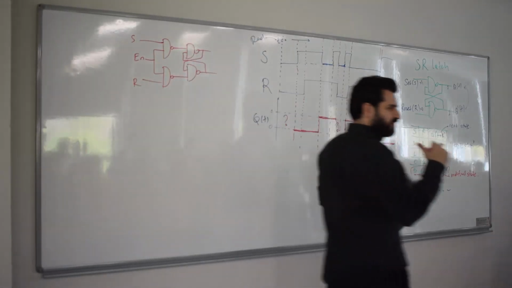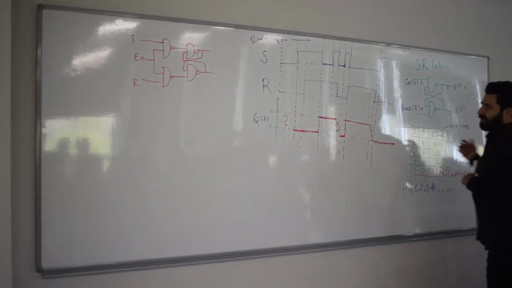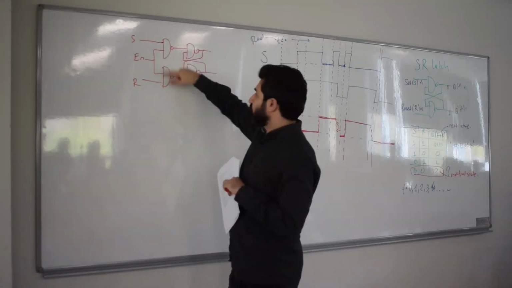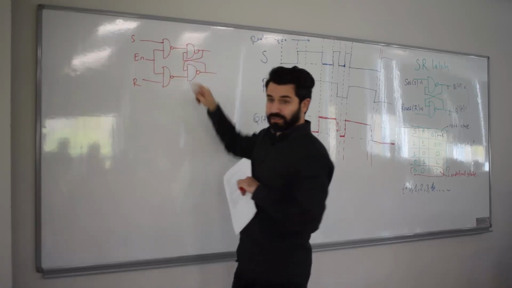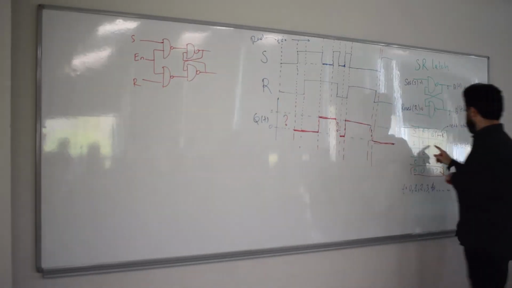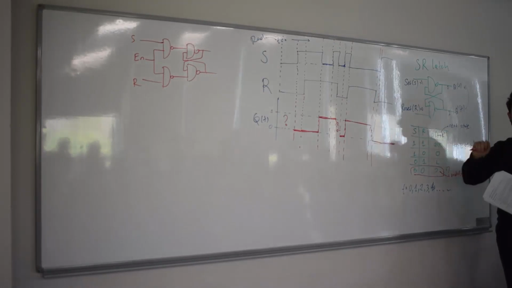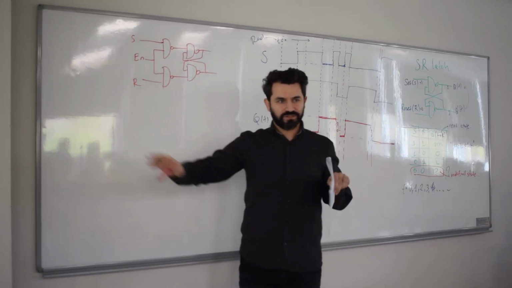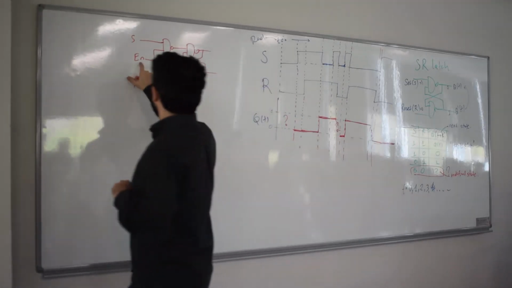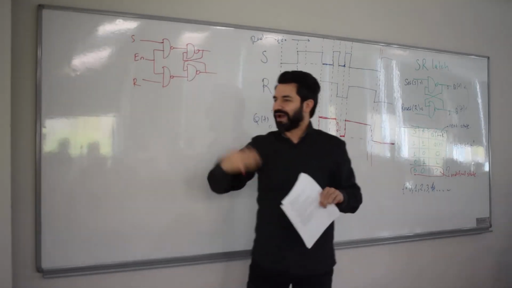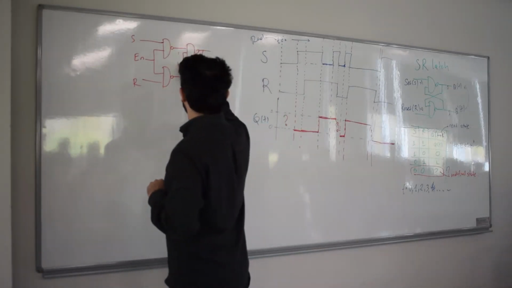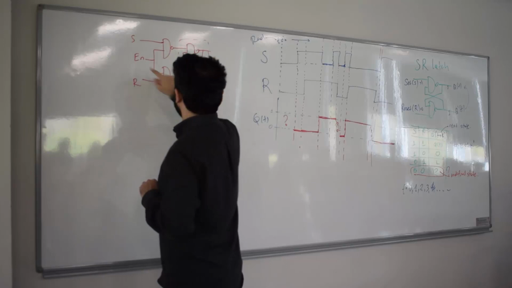So if enable is 0 in this circuit, that would make the outputs of the NAND gates 1, 1, and that 1, 1 corresponds to the hold state. So when you want to hold something, you turn enable from 1 to 0, you hold it, okay? And if you don't want to hold, and you want to write something to this SR latch, then of course you have to enable it.